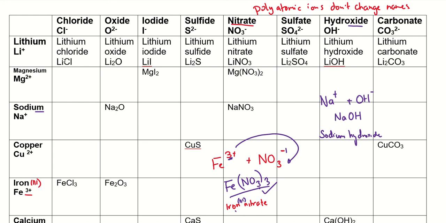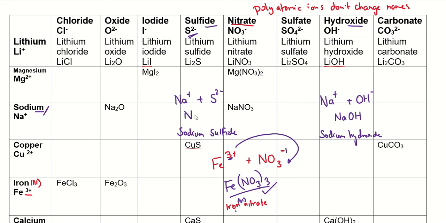Let's do sodium again with sulfide. So we have sodium sulfide. It is Na plus, S2 minus. You can see from that value there.